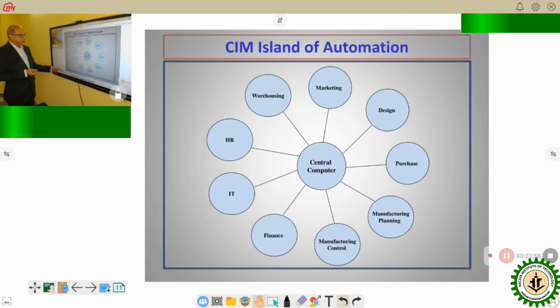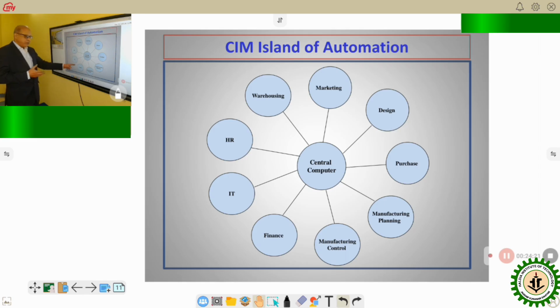So this is what exactly I was talking about. I have considered 9 different islands of automation: marketing, design, purchase, manufacturing, planning and control, that is the MES function. Manufacturing control I have taken separately. Planning is before execution; during production, the control should be enabled.